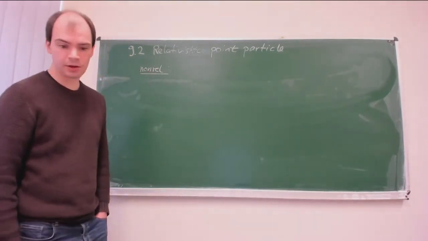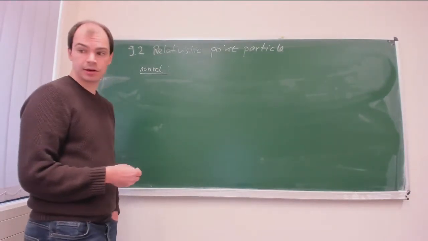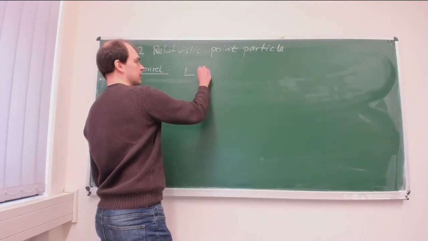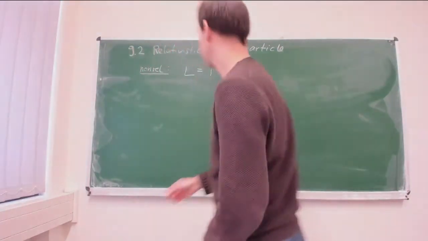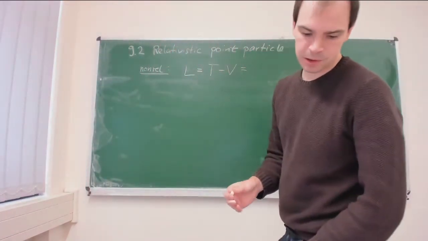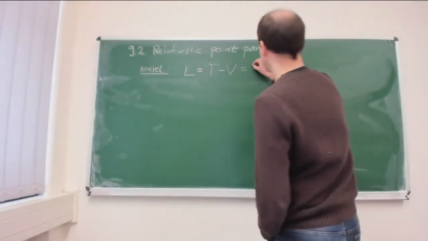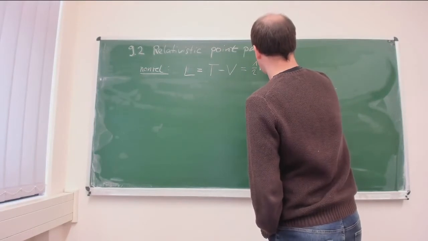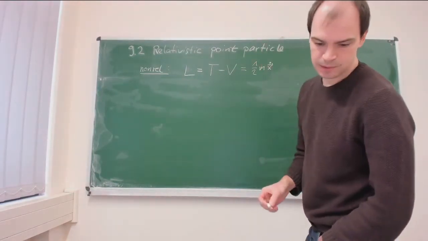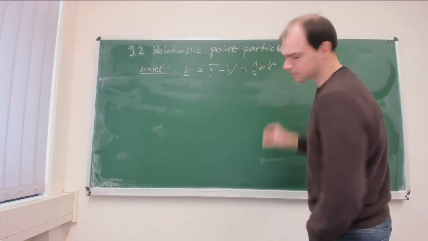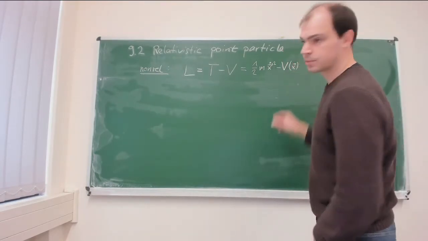In the non-relativistic case, remember, we can introduce the Lagrange function L, which is kinetic energy minus potential energy. For a point particle which has a coordinate x and some potential, this would be 1/2 m x dot squared minus the potential V of x.